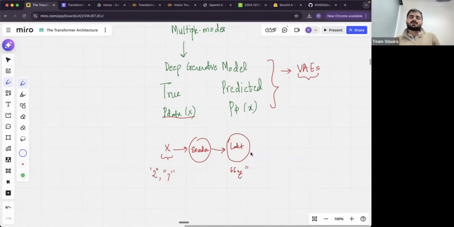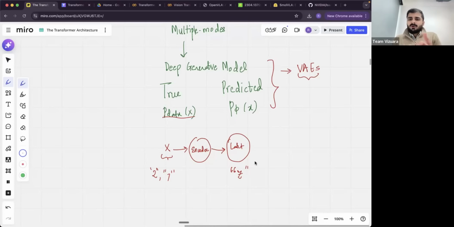You can imagine Z to be something like a zip file which we have on our PCs. The essence of the information stays the same, but the size is considerably reduced, and it captures all the hidden factors of variation. Because of the word hidden, it's called latent. Both of them mean the same thing.